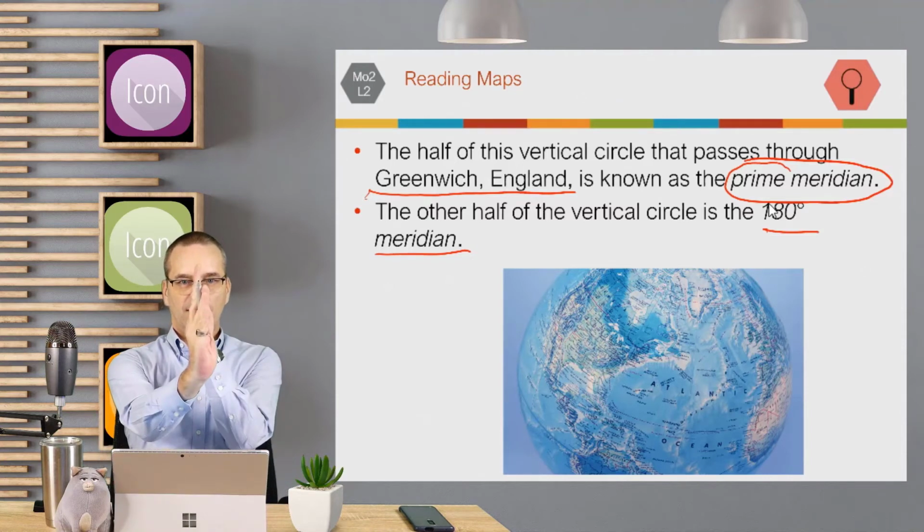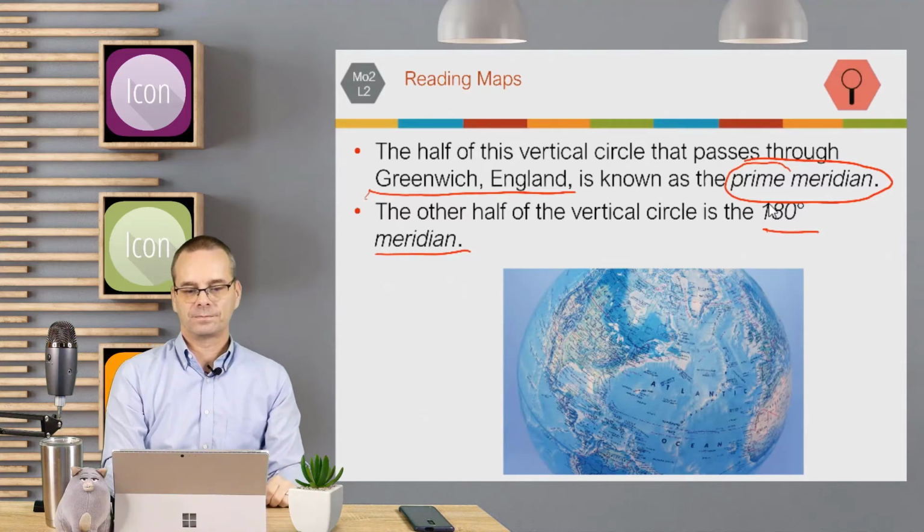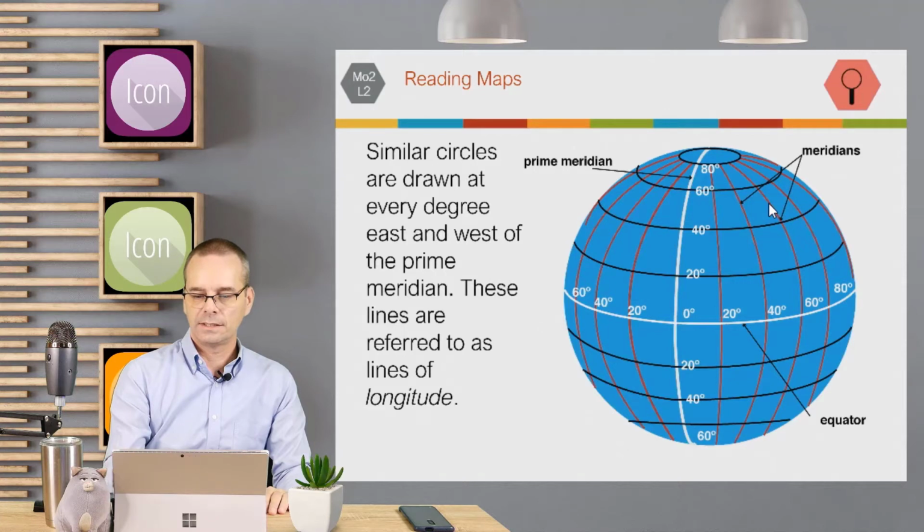It is two points on two different sides of the Earth where you could cut the Earth right down the middle. So again, the prime meridian goes right here, and it is 0.